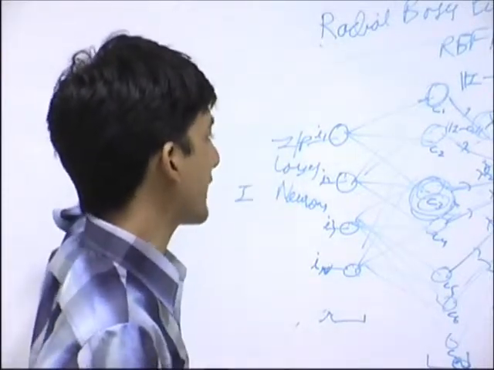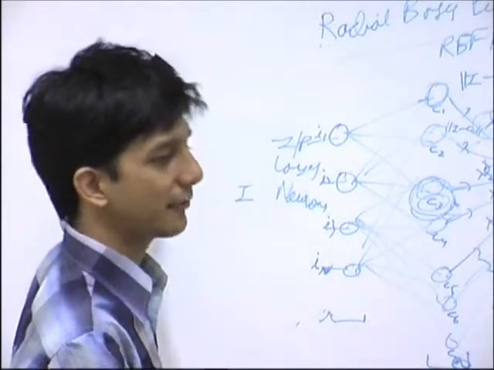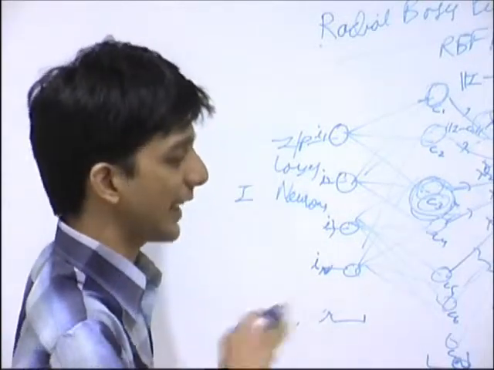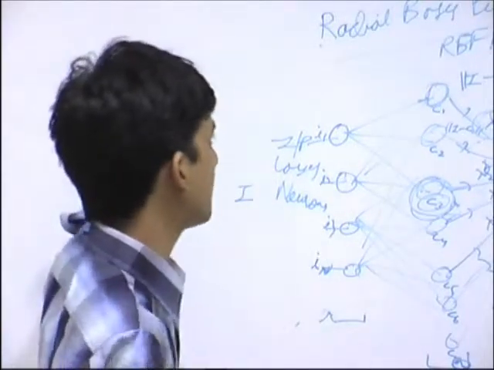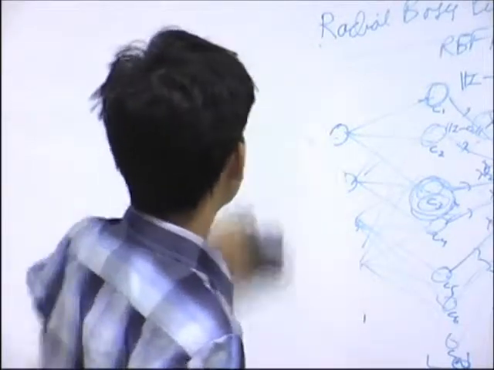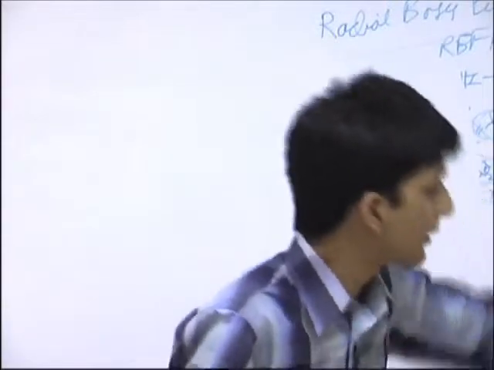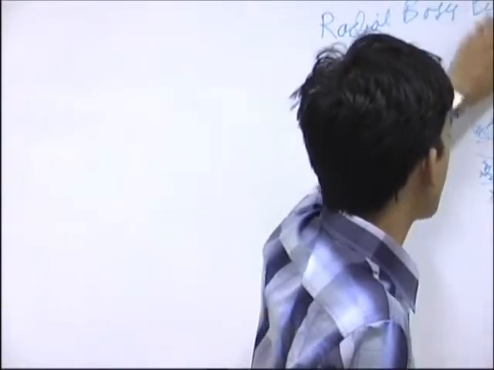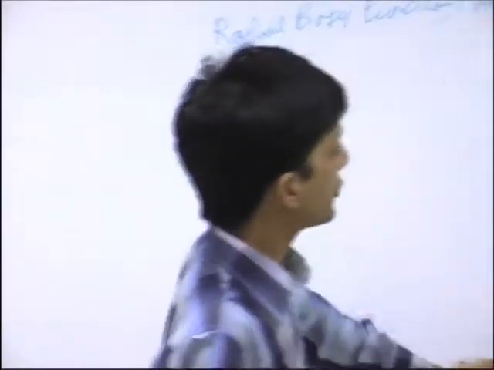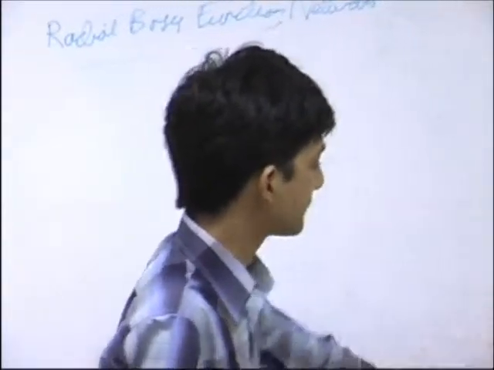But I don't restrict myself to this view. I give you an entirely new view of what radial basis function networks are. This was when we considered them as a neural network. Now we'll see another view of the RBFNs.